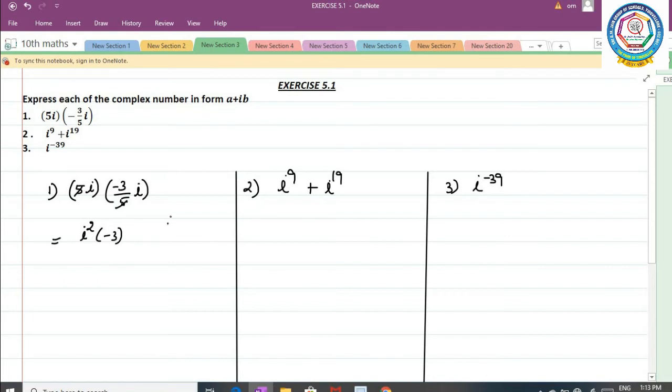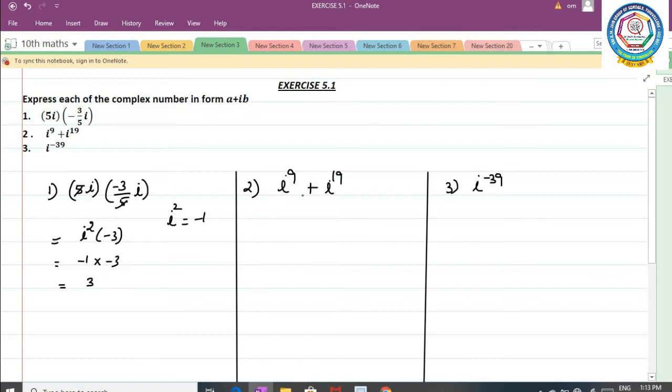We know that the value of i square is minus 1, which is equal to minus 1 into minus 3. That is equal to 3, minus into minus is plus. So we are getting a plus ib form because we are getting only the real part. The imaginary part is 0 here.